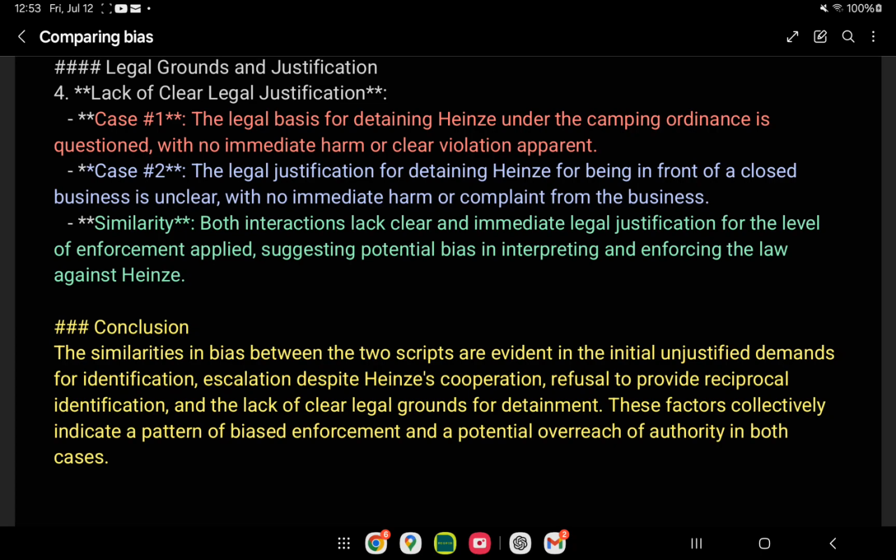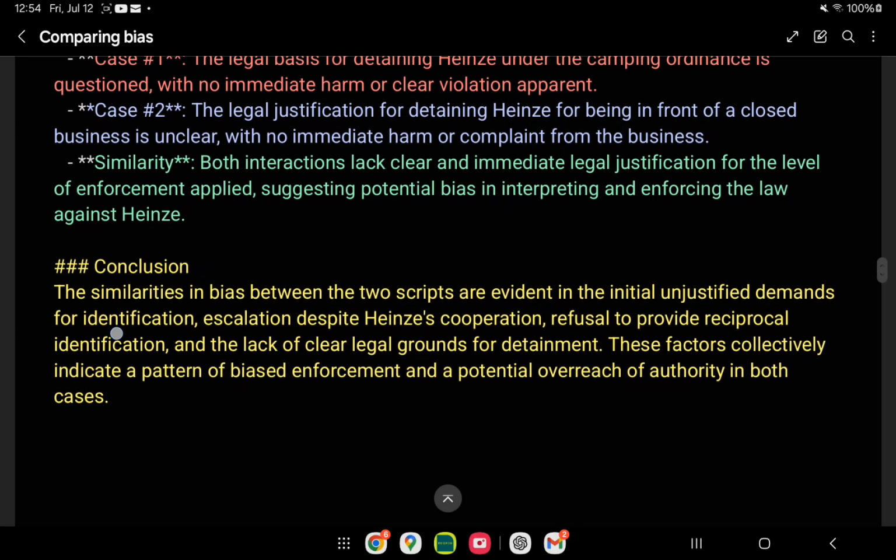The legal justification for detaining Hines for being in front of a closed business is unclear, with no immediate harm or complaint from the business. Similarity. Both interactions lack clear and immediate legal justification for the level of enforcement applied, suggesting potential bias in interpreting and enforcing the law against Hines.